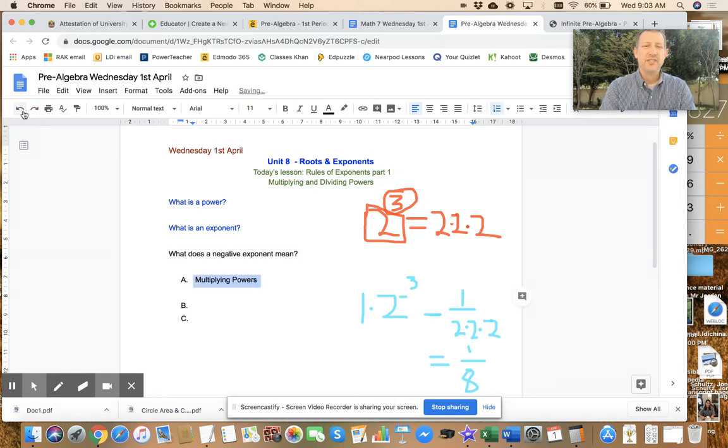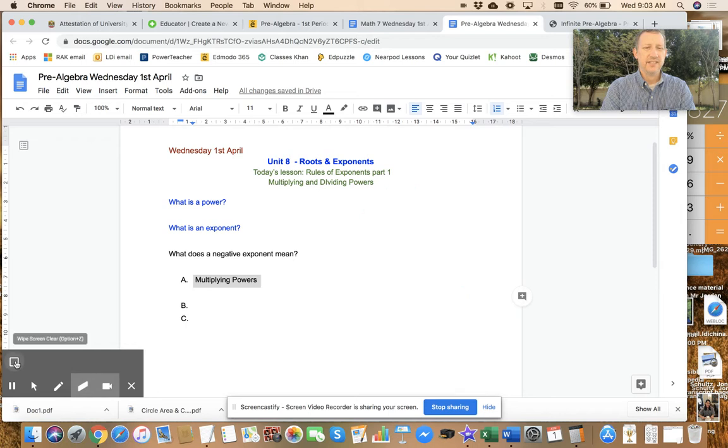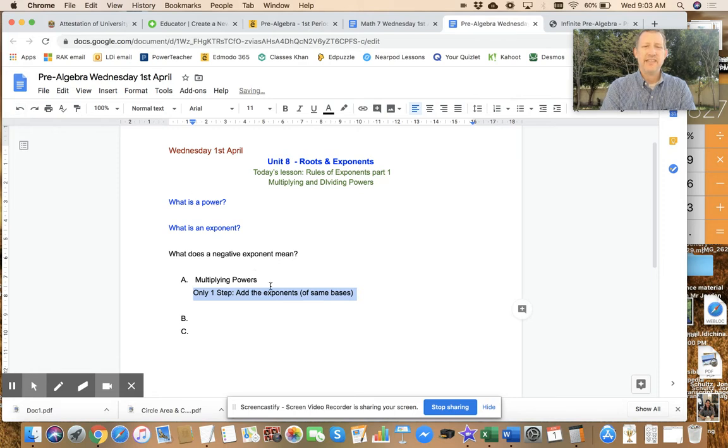All right, so we're going to look at multiplying powers. If we're going to multiply powers, there's only one step. You just add the exponents, add the number in the top, for powers that have the same base. So let's say I have 5 to the third times 5 to the fourth.